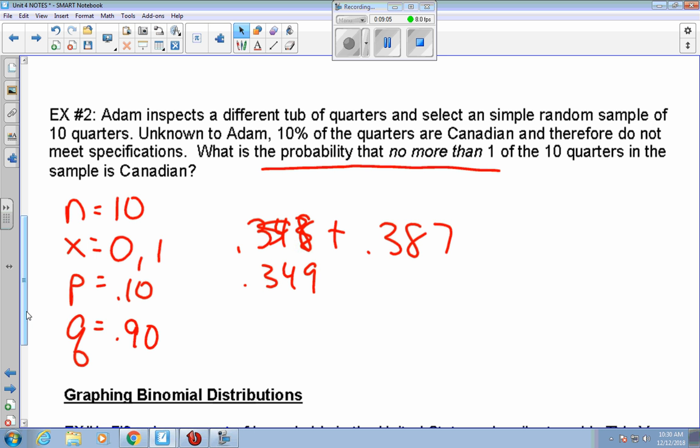Those good? Okay. All right, and then add those together. And there you go, 0.736. All right. Good. Any questions on that? Not too bad, right?